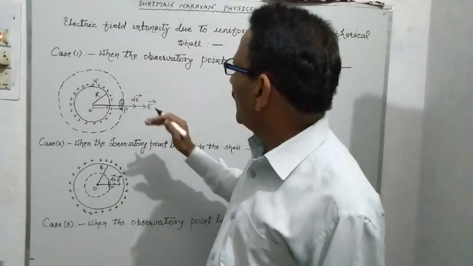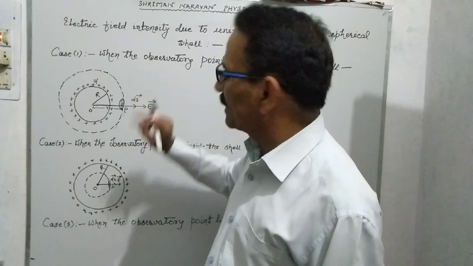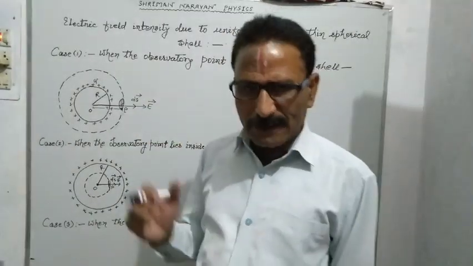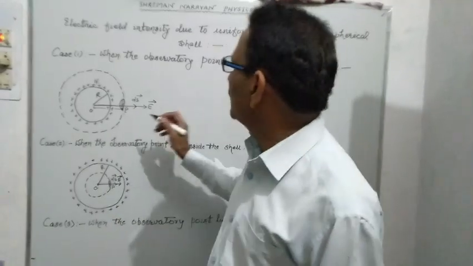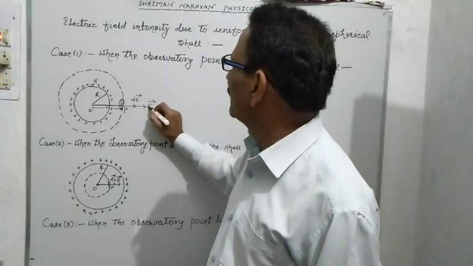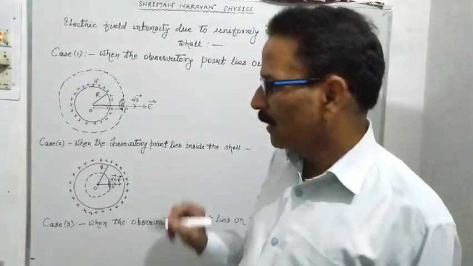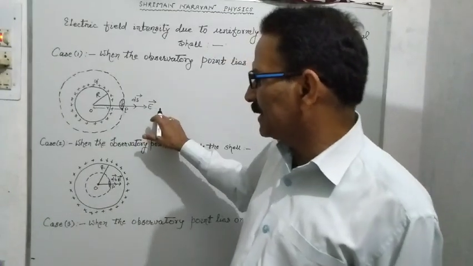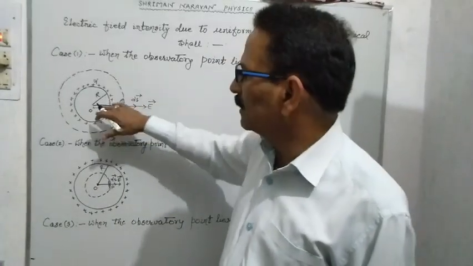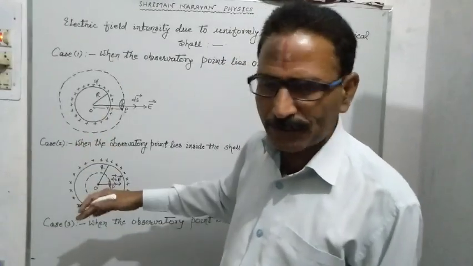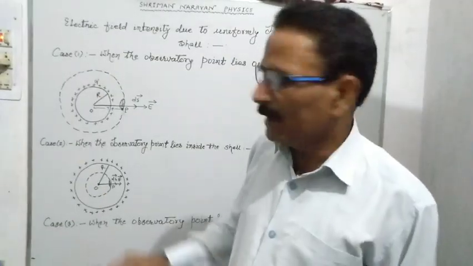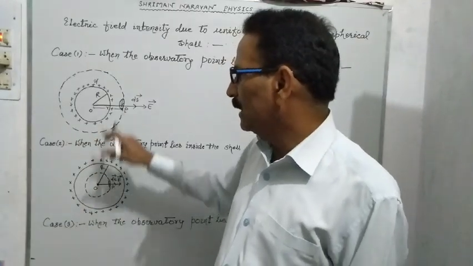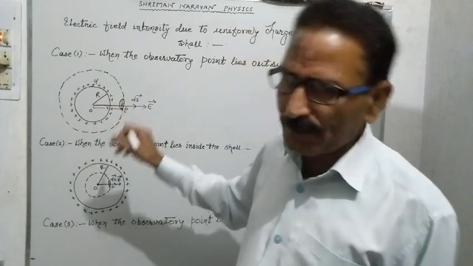Let the magnitude of this elementary area be dS, and also consider that the electric field intensity which exists at the point P is capital E. Now it is clear that this electric field will act along the radially outward direction since the charge is positive, and if this charge was negative, then this field would act along the radially inward direction.